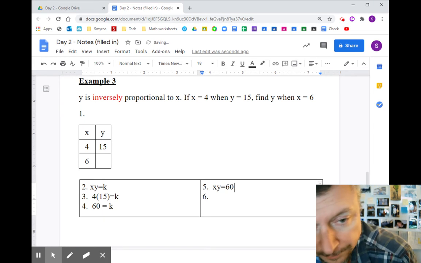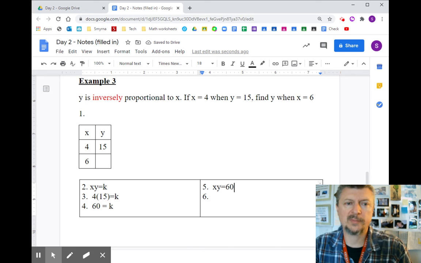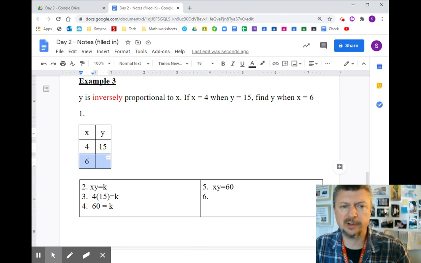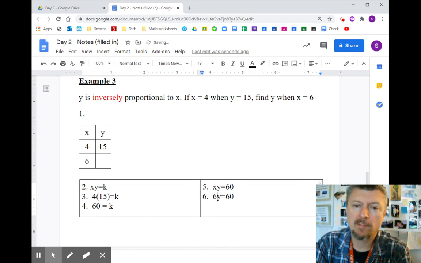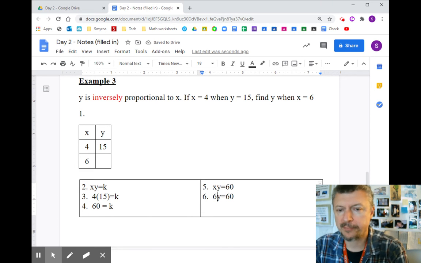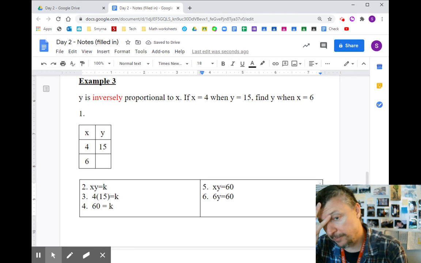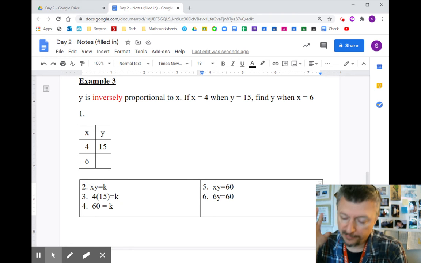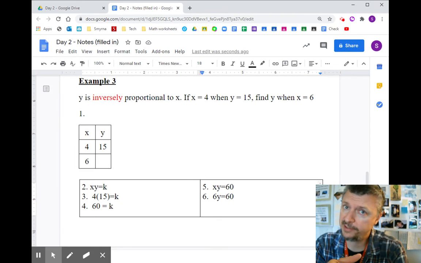All right. And now X is 6. What's Y? X is 6, and what's Y? We don't know. But we can use this equation. If X is 6, what's Y? Well, 6Y is the same as 6 times Y. The opposite of times is divide.